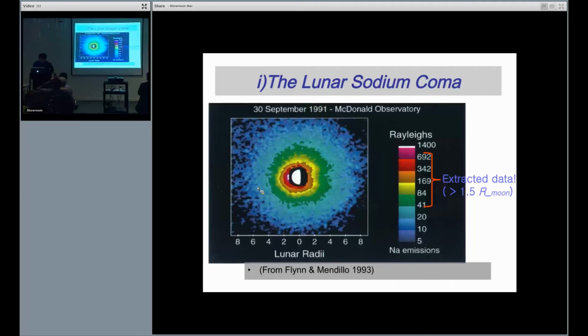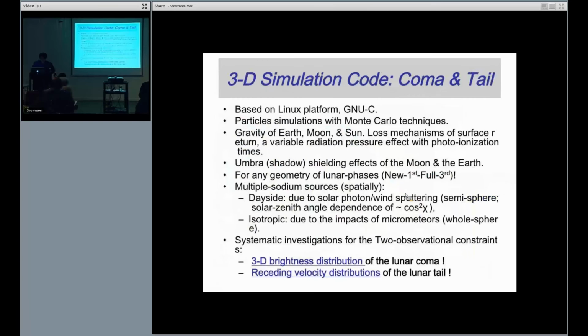We can see that there is a little bit of asymmetry between the east and the west side. We carefully extracted this five-range discrete brightness scale by using a digitized scanner, and we tried to model this three-dimensional brightness scale through the modeling.